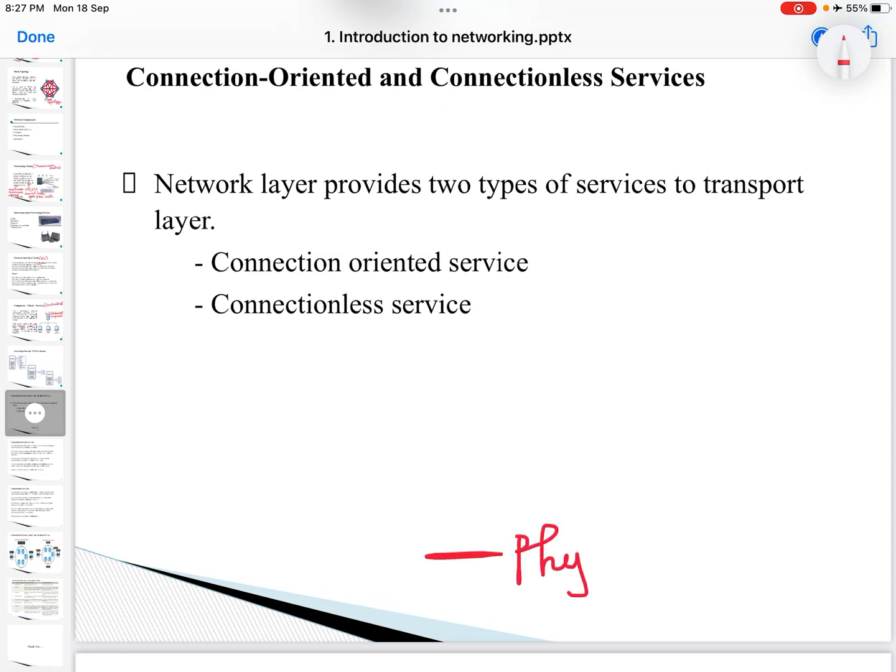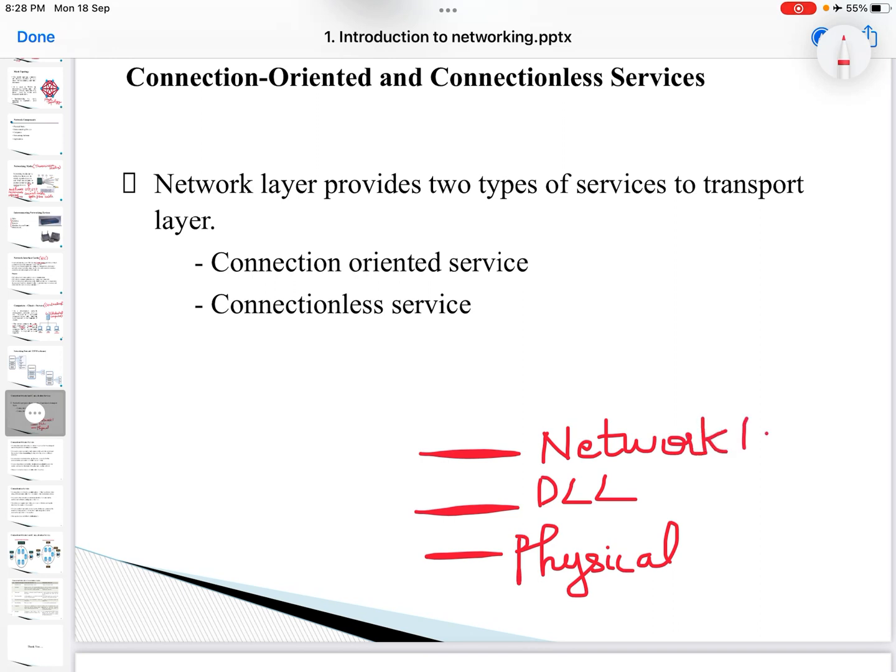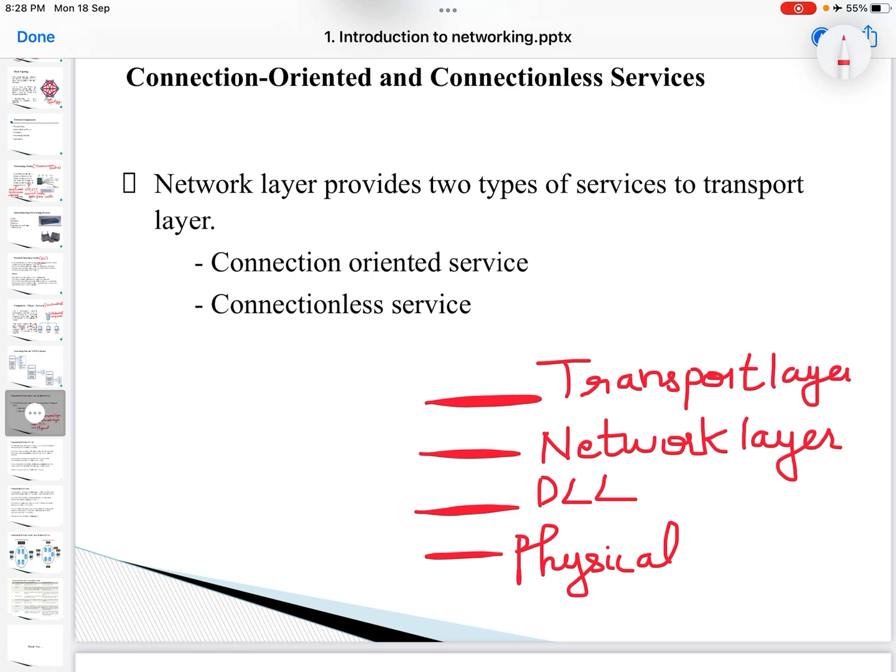After physical, you have the data link layer. After that, you have the network layer, after which you have the transport layer.